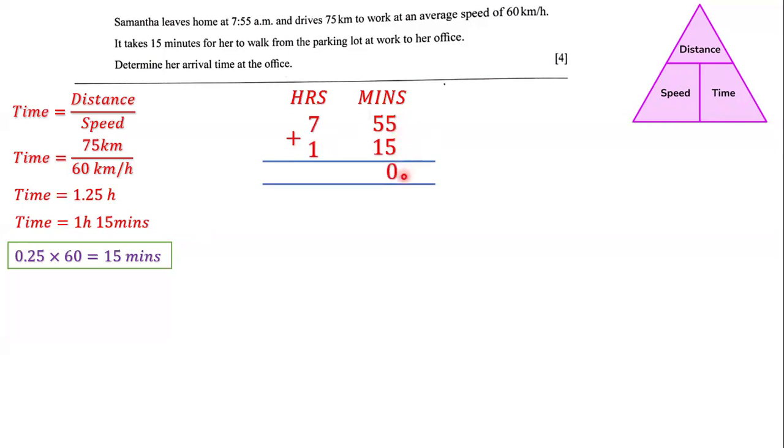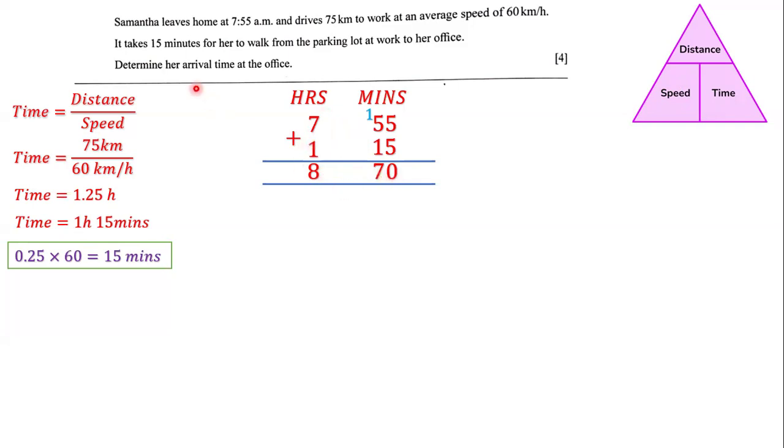We put the 0 down. We bring the 1 up. Now we have 5 plus 1 plus 1, and that gives us 7. Next we say 7 plus 1, and 7 plus 1 is 8. So we have 8 hours and 70 minutes.